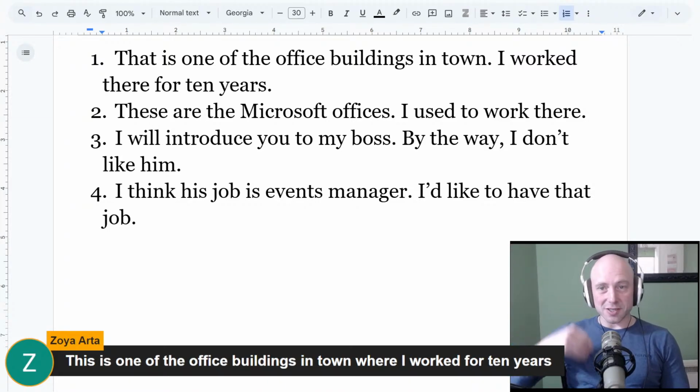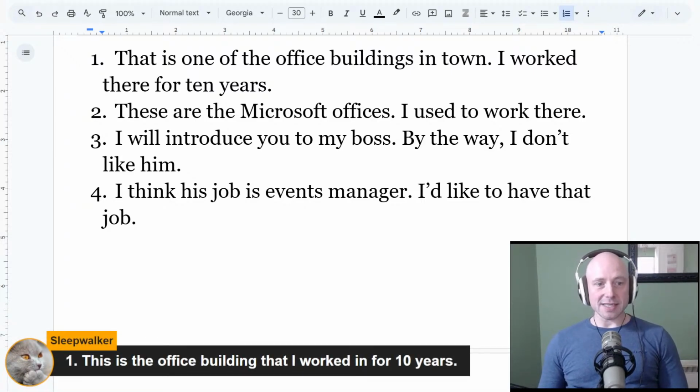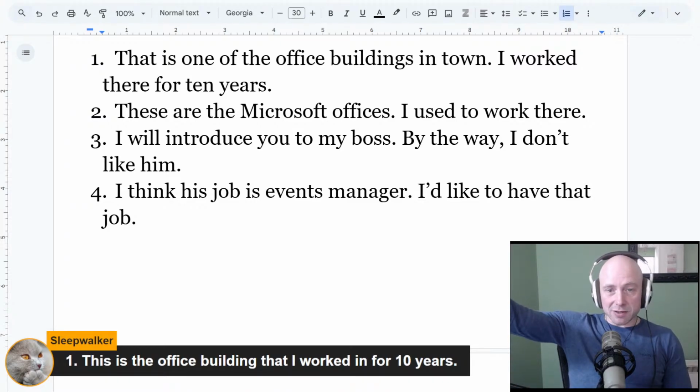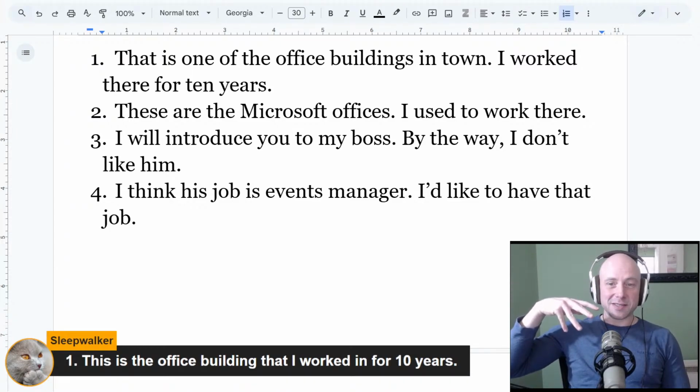So the correct answer is actually Sleepwalker's. This is the office building that I worked in for 10 years. In this situation, there is one office building that I worked in for 10 years, but there are more office buildings in town, which I didn't work in for 10 years.